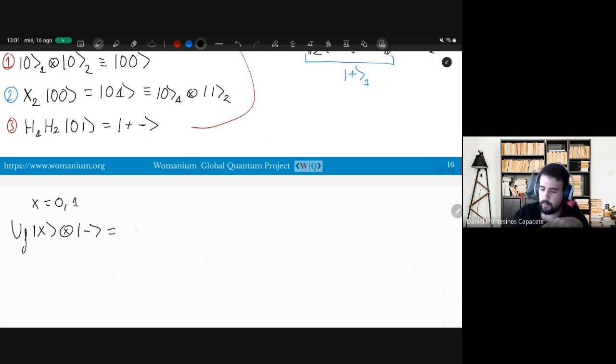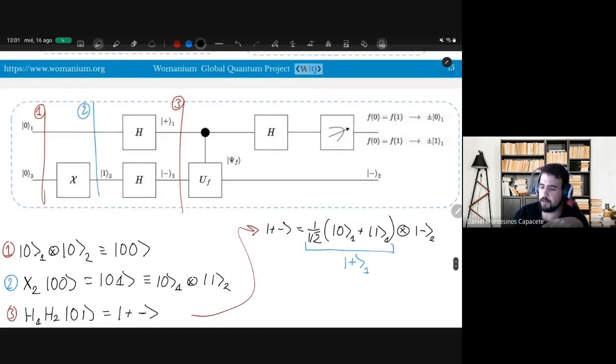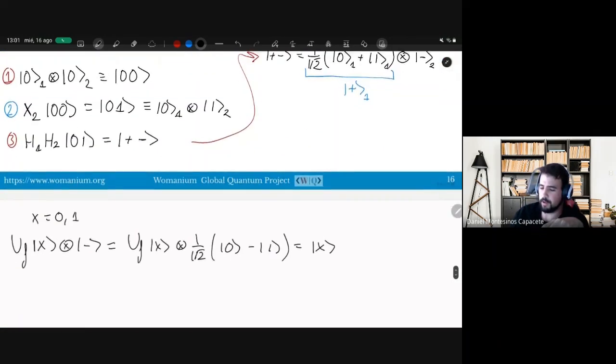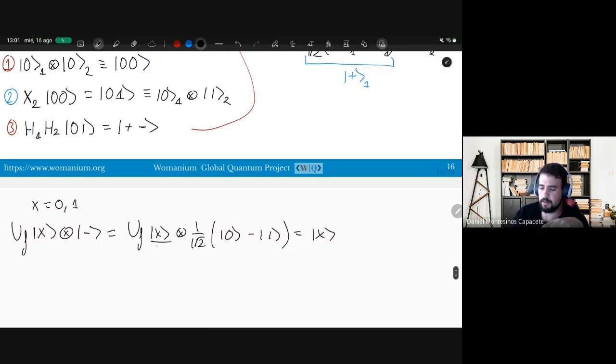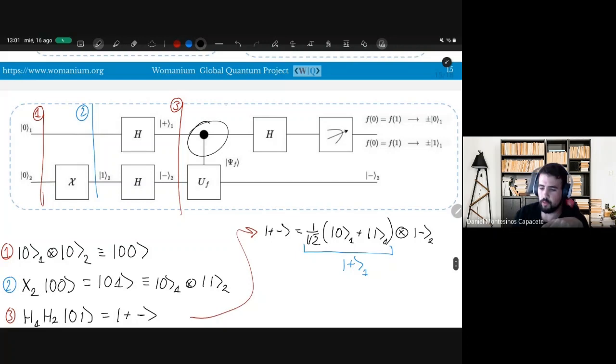So if you remember this acting, I'm going to write it there. This is the minus state, 0 minus 1. So this is going to be acting in this way with the x, right? Since x is the first qubit, it is the control qubit.